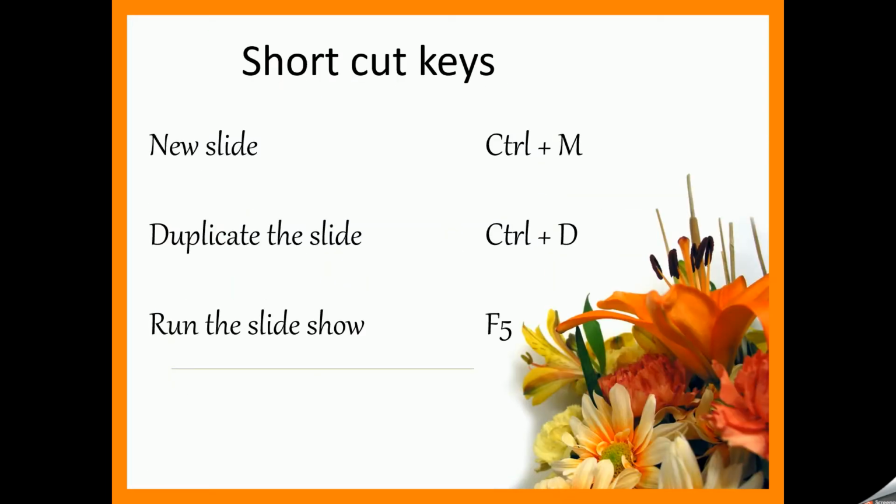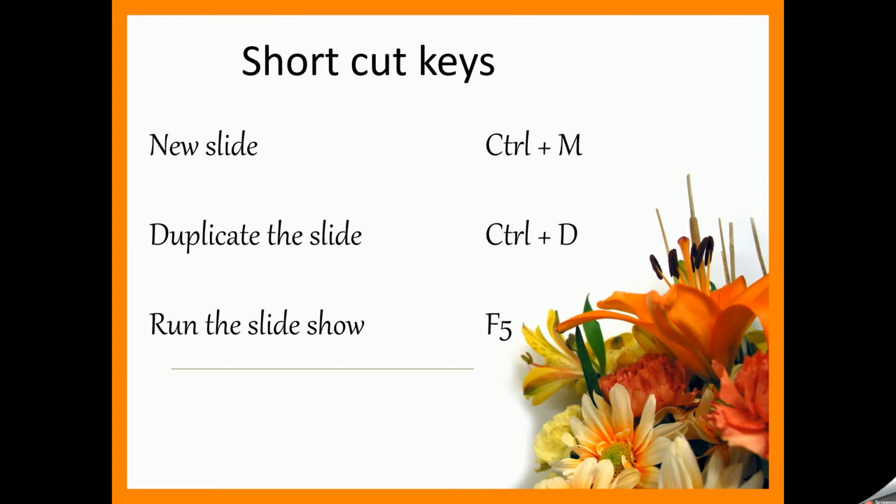So to move to the next slide while running a slideshow, which key we need to press? Either I can use the space bar, enter key, or even I can use the right arrow key to move to the next slide. And if I want to move to the previous slide in the presentation, I need to use the left arrow key.